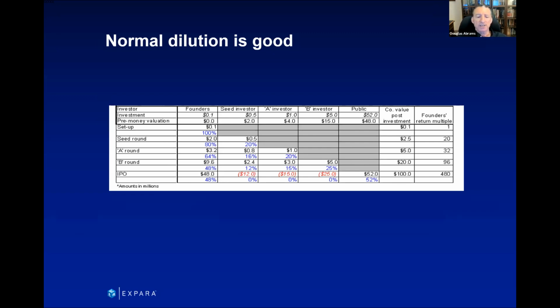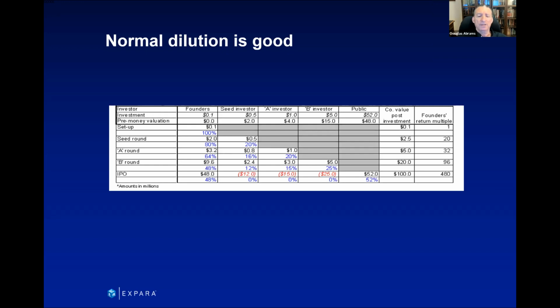Or almost best case is, if the startup didn't raise any more funding after your round, then if they didn't die, they didn't grow very big, because it's the funding that the startup raises in each funding round that enables it to grow big. And this is why we can't avoid, and we shouldn't try to avoid dilution. What we want to do is avoid excess dilution. So there is reasonable dilution and excess dilution.